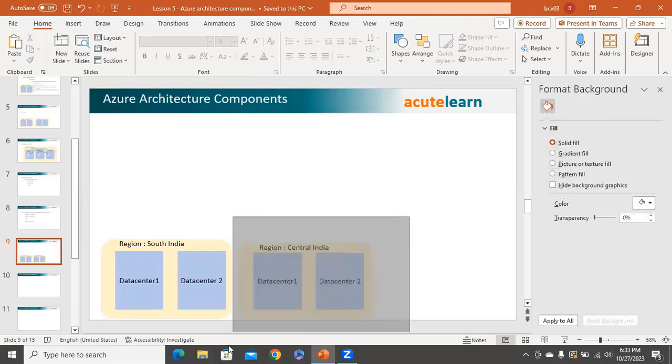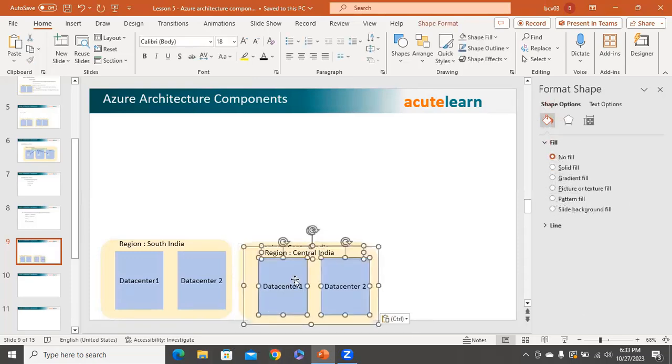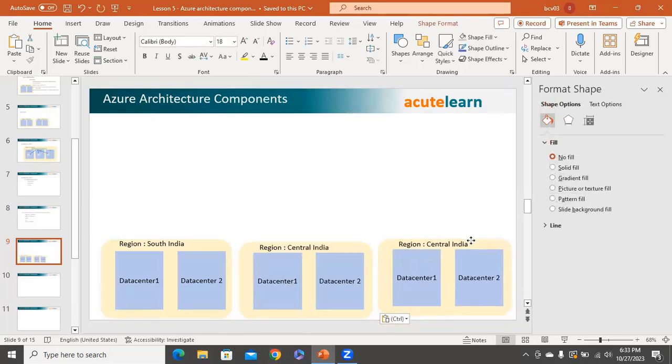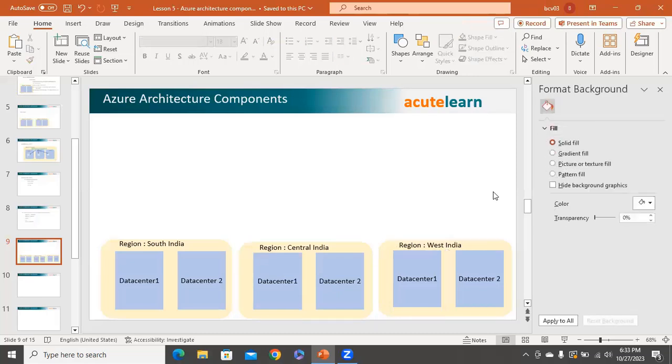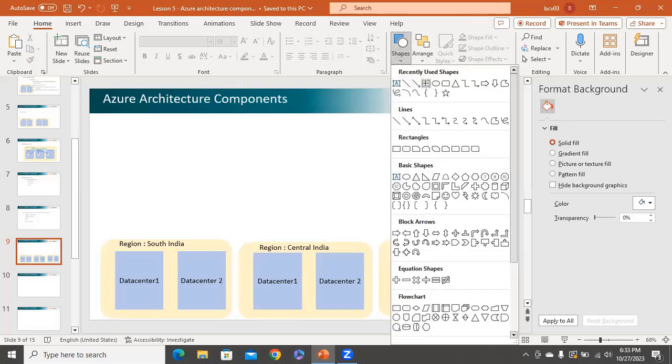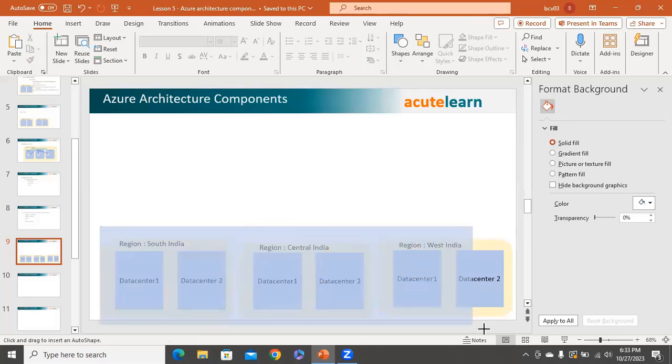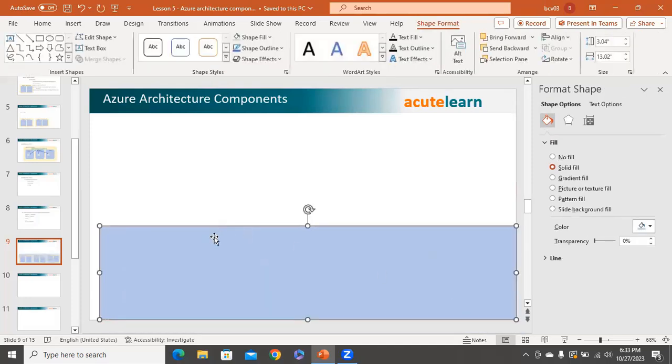Okay. So let me take another region, which is called West India. So I'm taking the regions which are available in India: South India, Central India, and West India. So this is what we call a physical infrastructure, which is being built by Microsoft.